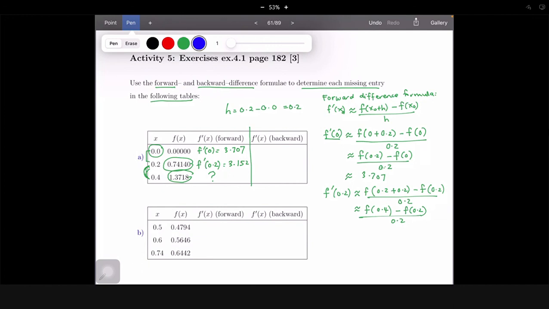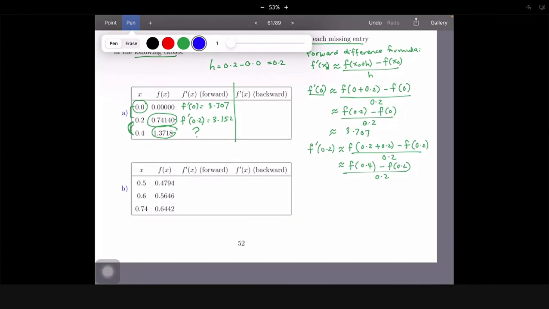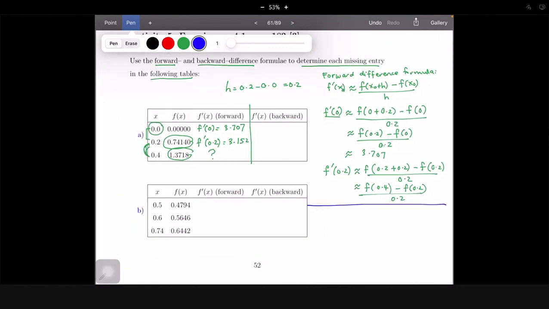Okay, tengok. Let's say forward difference. So now is backward formula. Okay, so backward formula adalah f prime x naught approximate f x naught minus f x naught minus h divided by h.